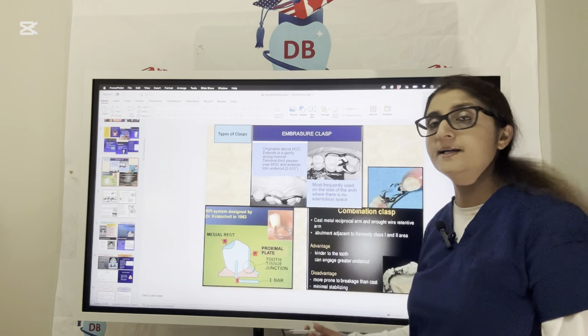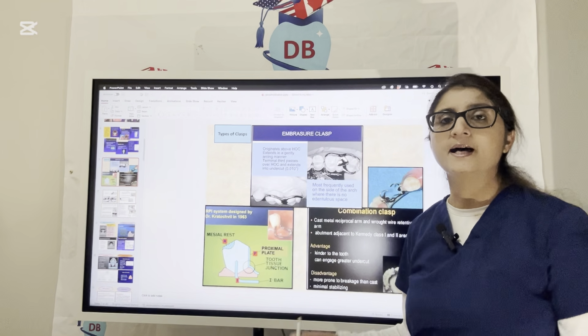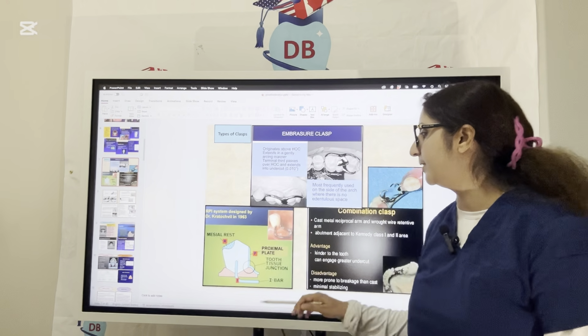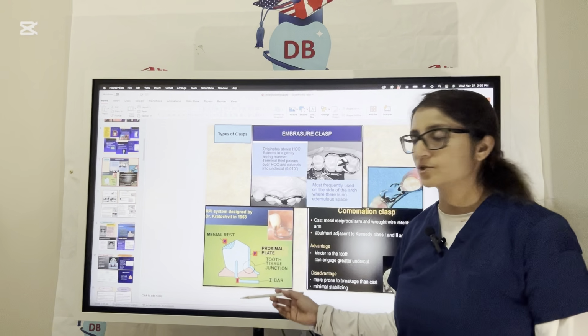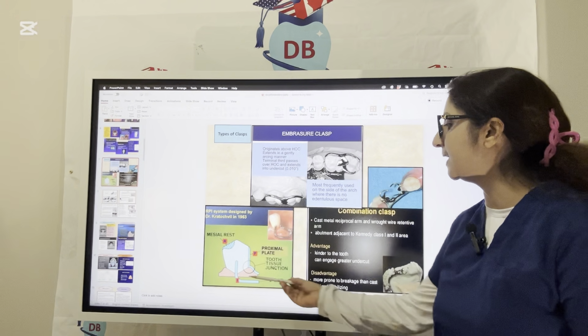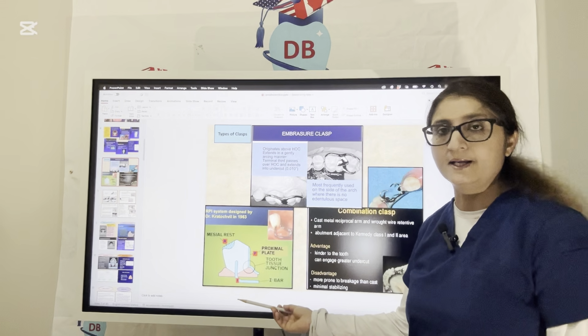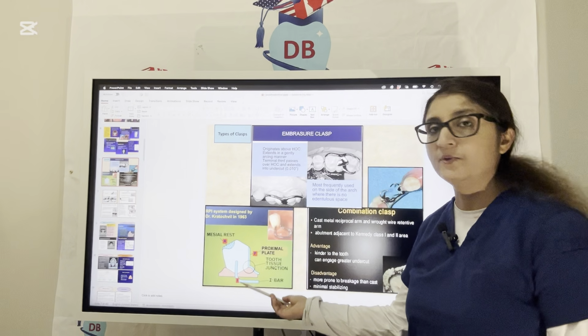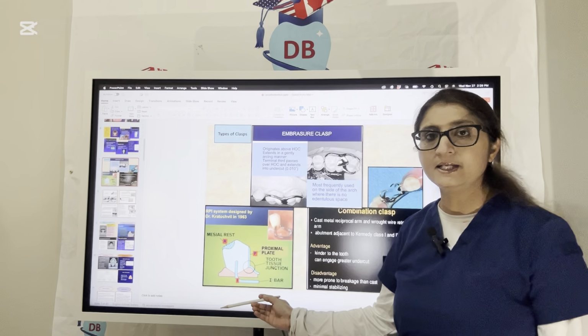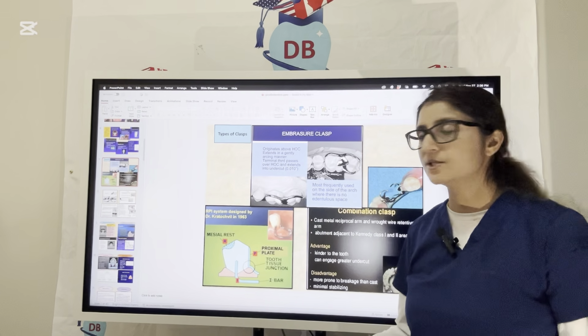What is the main advantage of the RPI system? The RPI system with the rest and the proximal plate will provide the reciprocation so that when the occlusal forces are acting on the prosthesis, it will disengage the I-bar and the plate away and make it drop down into the tissue gingivally. And what is the advantage of the RPI design?